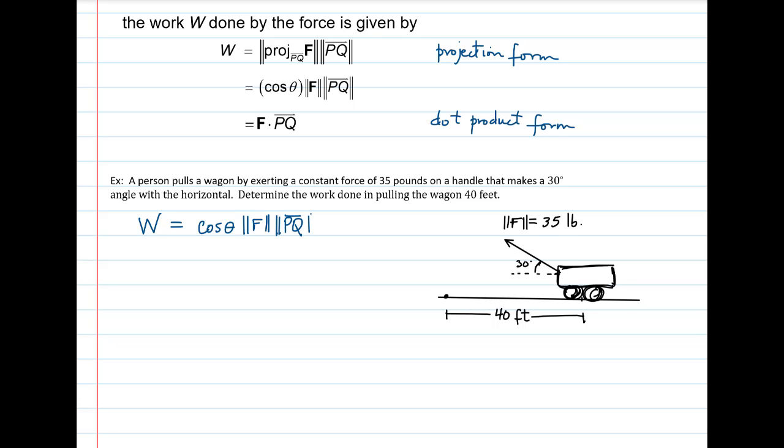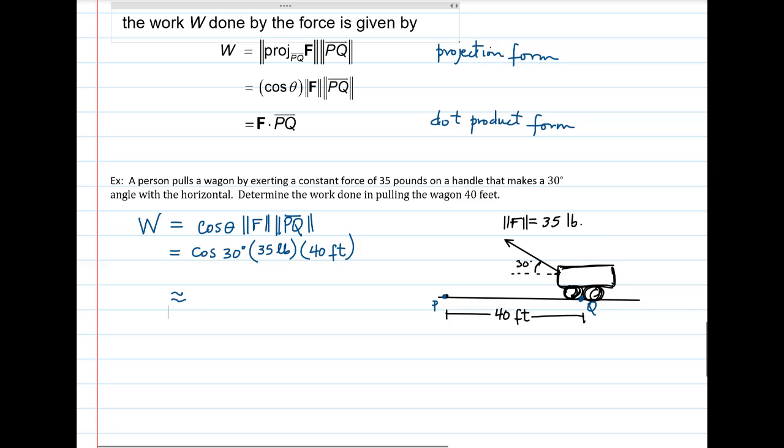Instead of using the dot product form, since we don't have the component forms of the vectors here, we have magnitudes, it's easiest to use the projection form, which translates into cosine of the angle with the horizontal, cosine of 30 degrees, times the magnitude of the force, which is given by the problem, 35 pounds, times the magnitude of the vector PQ, which is the distance for us, 40 feet.